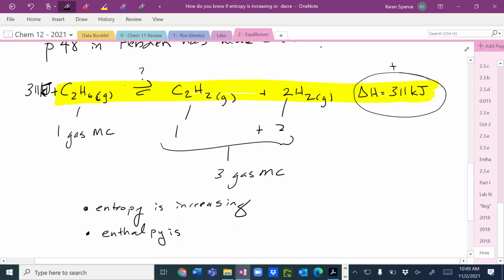Now, if that's the case, is our enthalpy increasing or decreasing? And if you're unsure, draw yourself a little graph. Is the graph going to go up or is the graph going to go down?